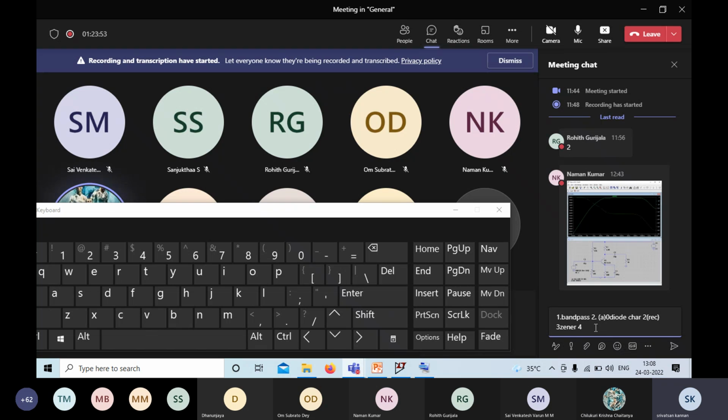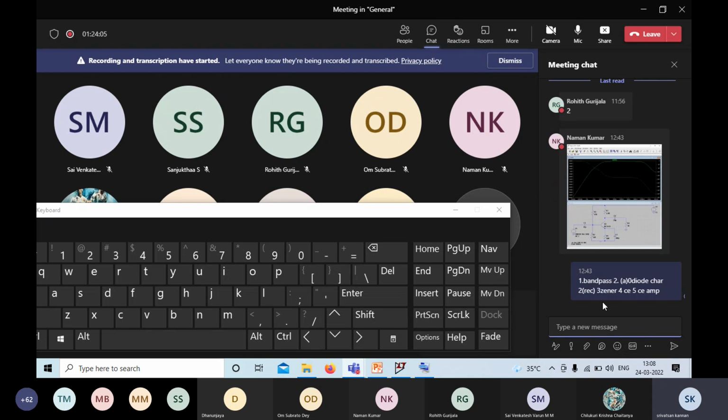The fourth one is common emitter. And fifth is CE amplifier. So I've given the list of experiments done so far. Based on these five experiments, you prepare the report and I'll create a link and upload it. Okay.